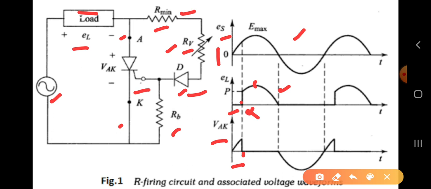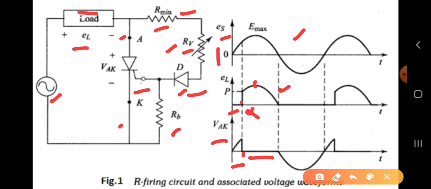When you fire the SCR at the firing angle alpha, from here to here the anode to cathode voltage drops, that is nothing but the SCR starts conducting. You have already seen the VI characteristics: when the SCR starts conducting, the voltage across the anode and cathode comes down.